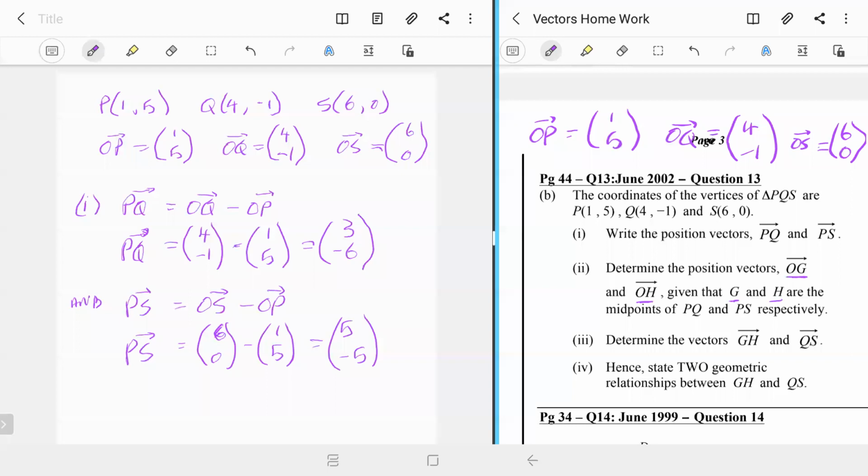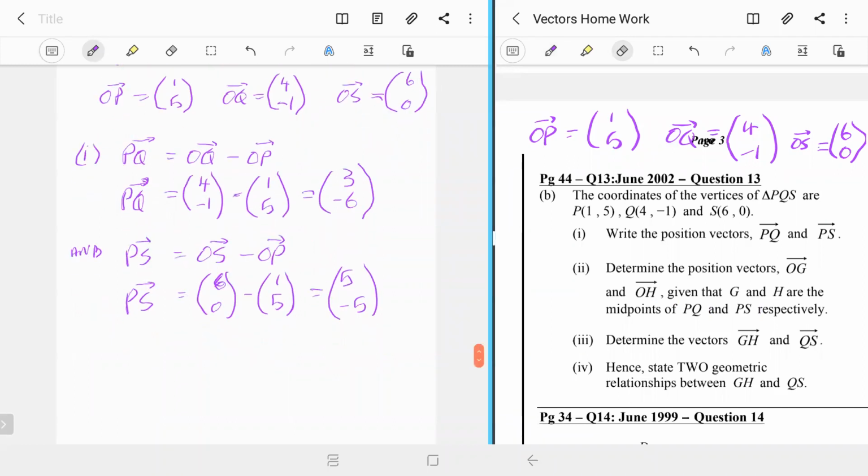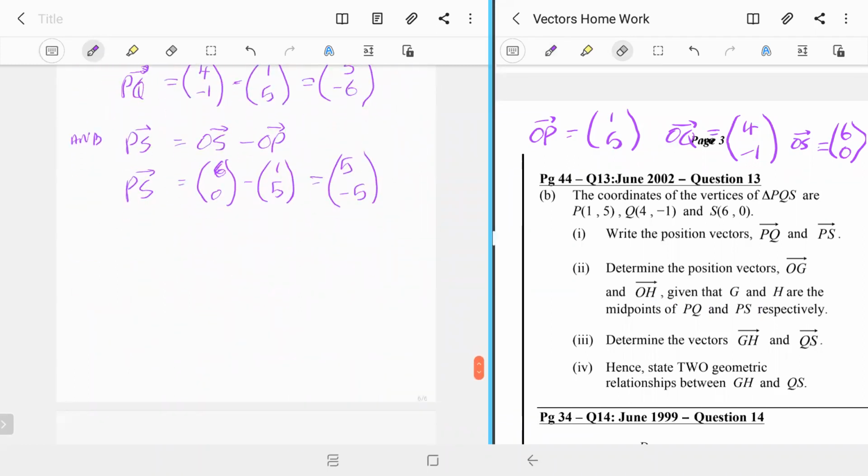G and H are midpoints of PQ and PS. See that? That's what they're saying. So let's write down what I'm saying in part 2. Part 2 says G is midpoint of PQ, right?